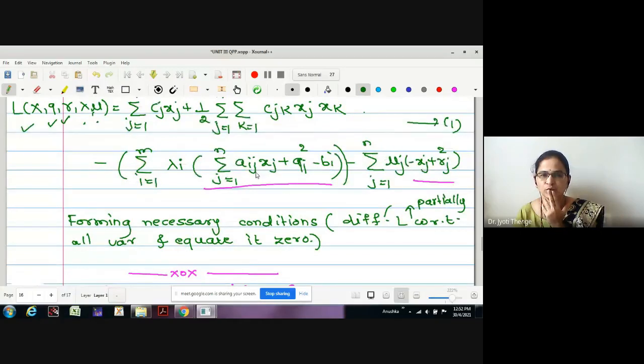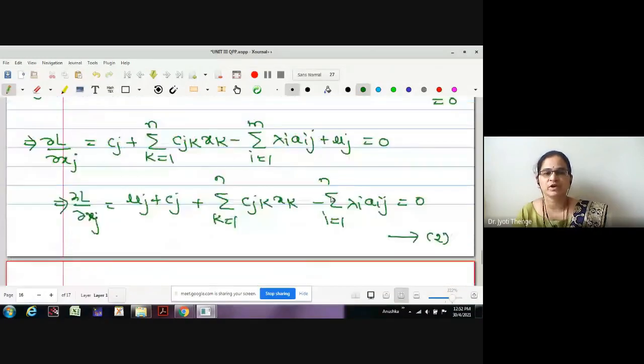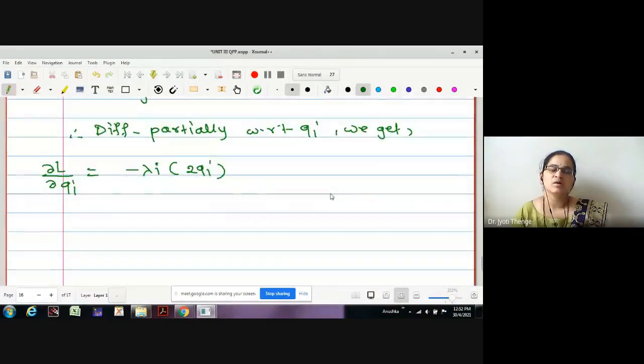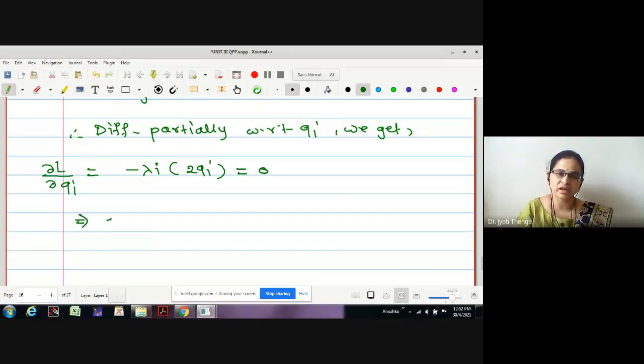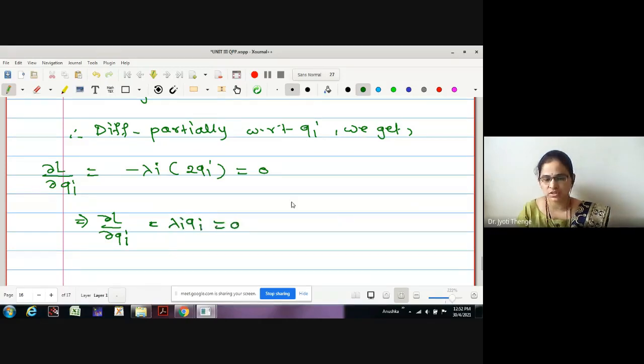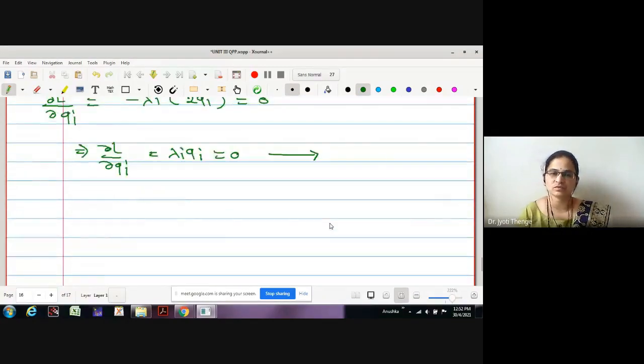Minus lambda I into this bracket xj, derivative of xj with respect to qi 0. This gives me 2q minus lambda I into 2q. This derivative is also 0. What is the term we were getting? Minus lambda I into 2qi is equals to 0. That one can write dou L by dou qi is equals to lambda I qi is equals to 0. This is the fifth equation.